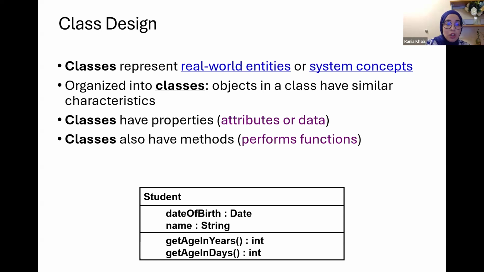For example, a student can get age in years. So we can get the age of the student in years. This is going to return an integer. And for example, get age in days as well, if we need this for some reason. So these are examples of functions that we can take, okay?